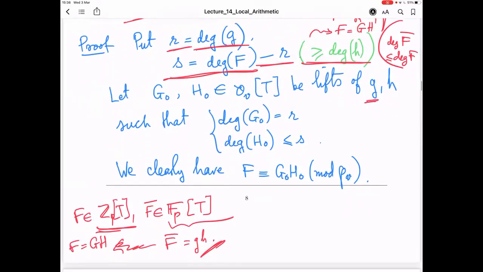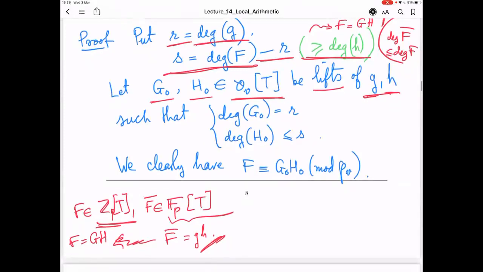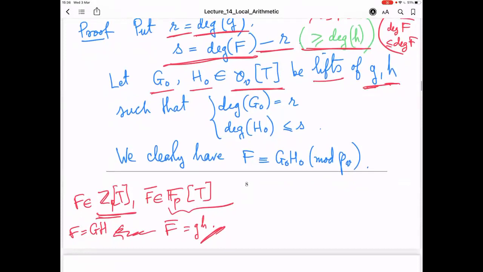Now, little g and little h are given to me, so I can always find G naught and H naught in OV[T], which lift little g and little h, and moreover, which have the right degree. The degree of G naught should be equal to R, which is, of course, by definition, the degree of little g, right?